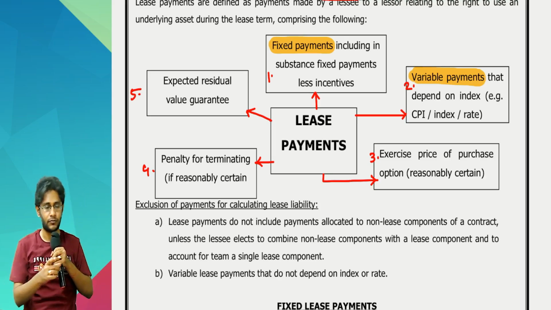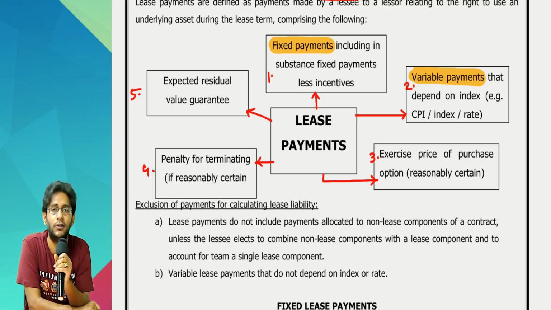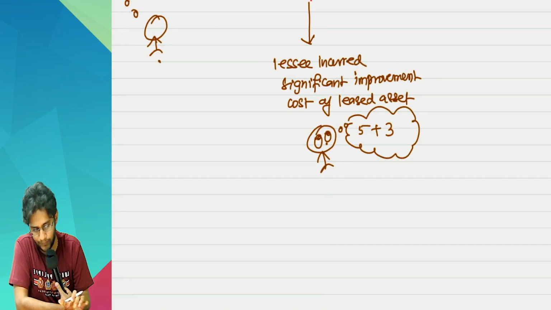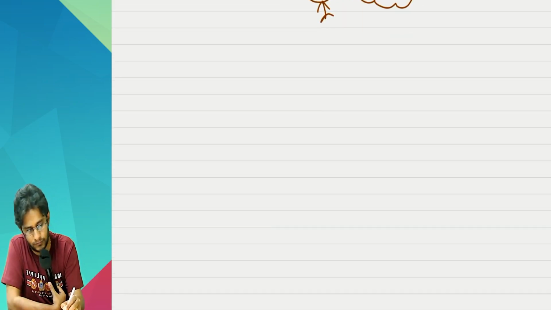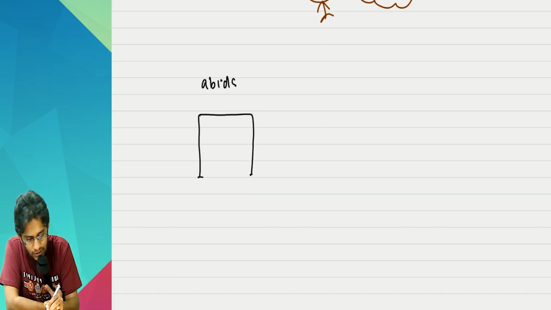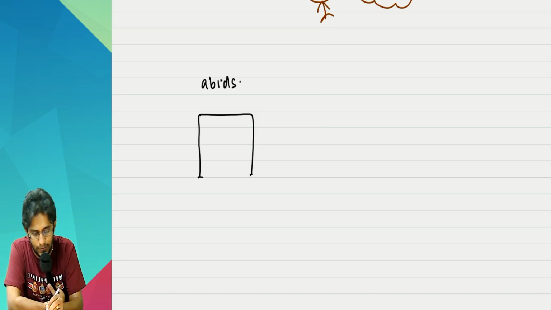Next one. In the first box only, they used a term called lease incentives. What incentive are you talking about? Now look at this. Suppose, sir, this is a building in an area called Abbots in Hyderabad. In this building, one floor X Limited has leased and they are operating in this floor.